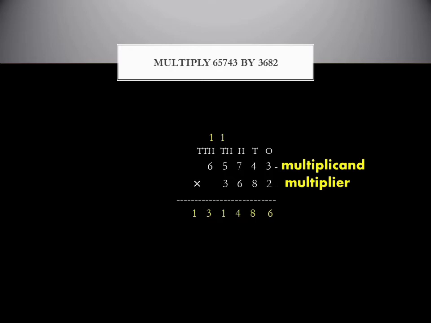Therefore put 1 and carry forward 1 again. Then 2 6s are 12 plus carried 1 equals 13. Therefore we get the product 1,31,486.